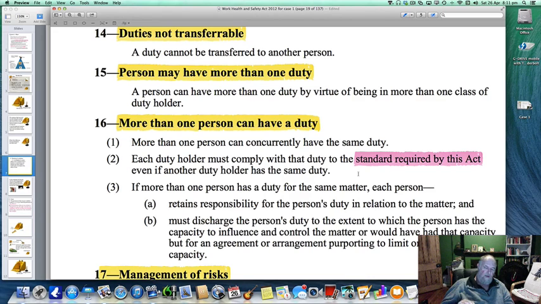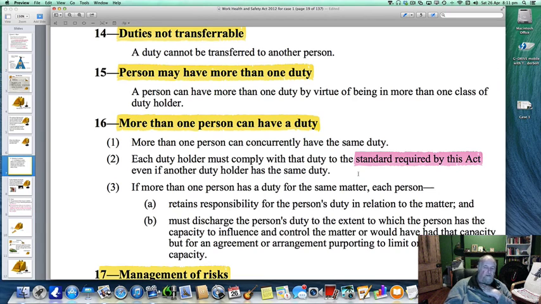Now, this is interesting, right? Because you might have a manager who says, listen, the board told me to do that and there's nothing I can do about it. You know, the board curtailed my ability to control health and safety and gave it to someone else. Well, this clause says it doesn't matter what they say.